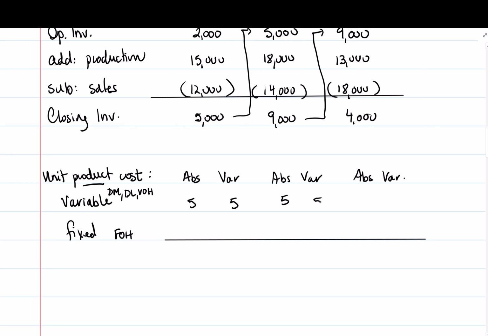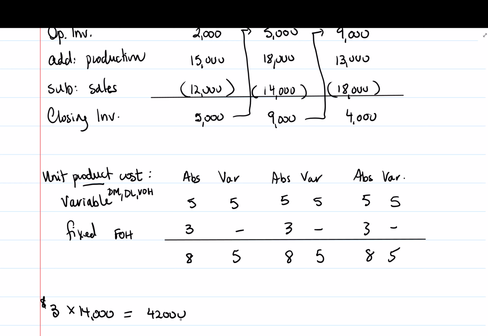And then they even tell you opening inventory is all based on January's data, so it doesn't matter. I'll talk about this in just a sec. Now, usually I would have said, hey, you take the $3 per unit and multiply it by the 14,000 units, because that's based on budgeted, is what they said in the question.